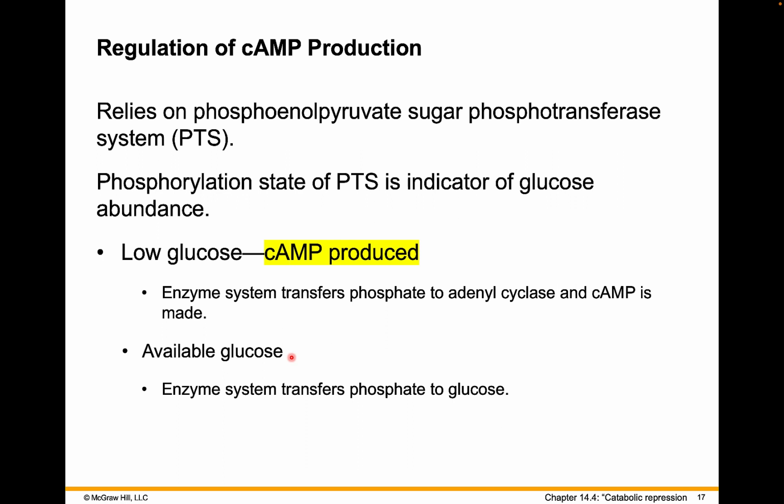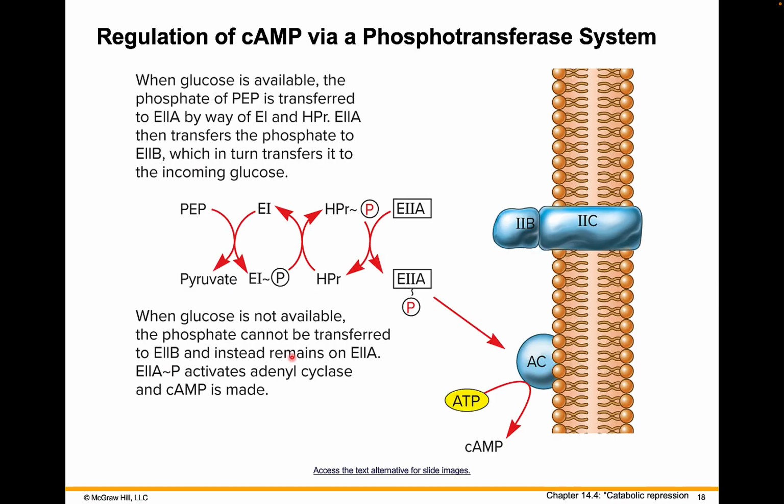So first, let's take a look at how the presence and absence of glucose is understood by the cell. Here you are looking at a system where you see these IIB and IIC. These are the transporters of glucose on the plasma membrane, the enzyme IIB, IIC complex. And right here is the phosphotransferase system where phosphoenolpyruvate, which has a phosphate, is converted to pyruvate and transfers the phosphate to an enzyme known as E1.